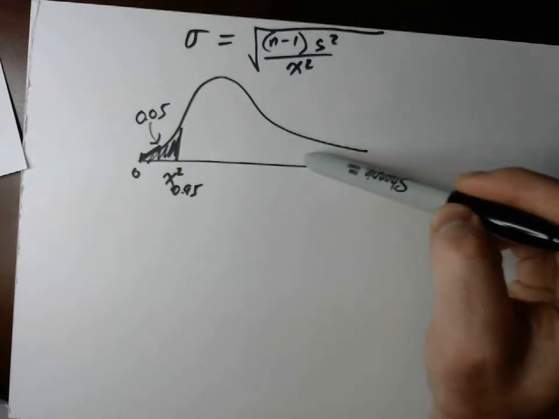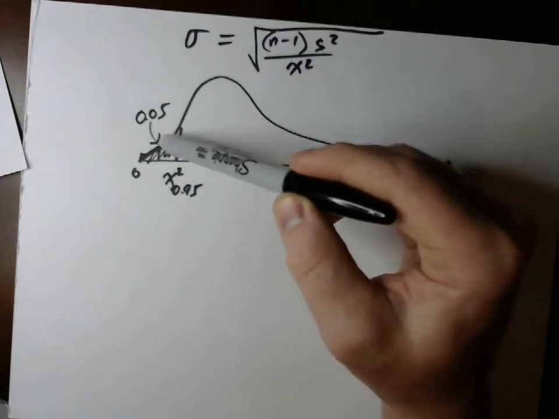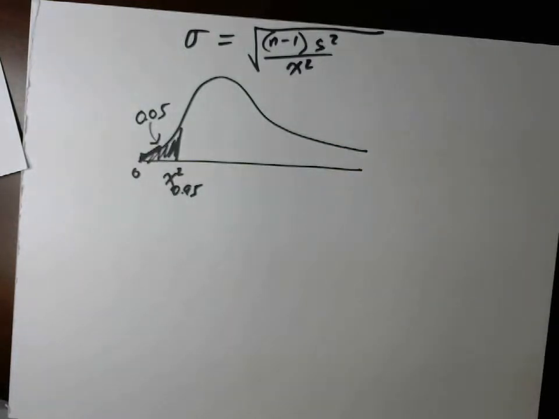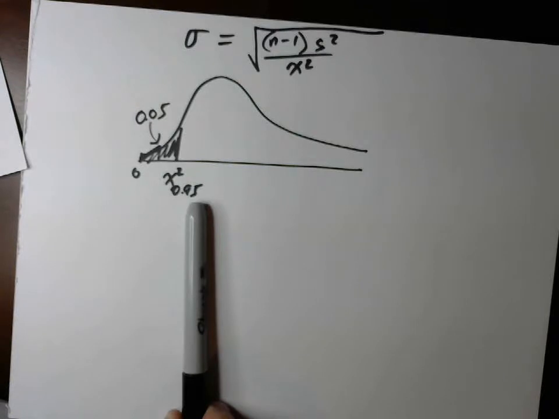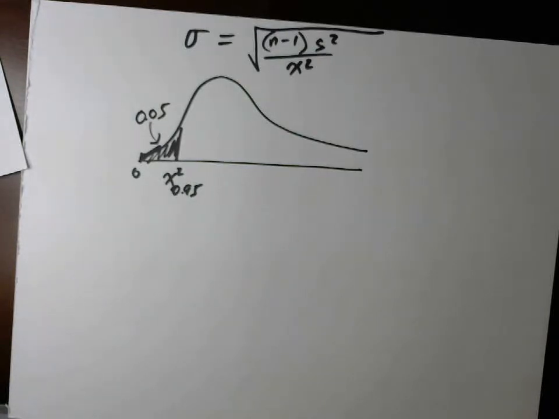So 0.95 is the area to the right if the area on the tail is 0.05. So we would look at the column with 0.95 representing the area to the right to obtain this value.